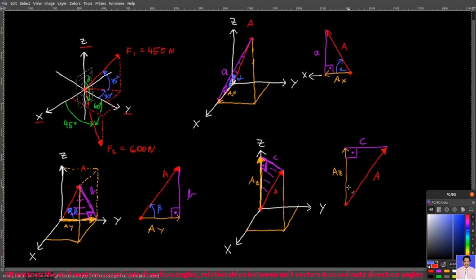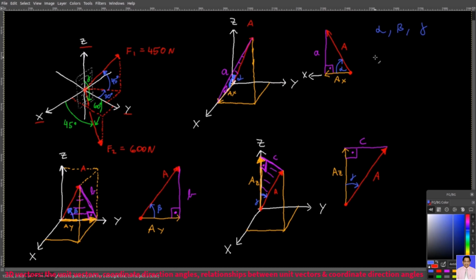And now, I'm going to define another angle. I'm going to call it gamma. And so this gamma, it's right here. That's your gamma. It goes from the positive z-axis till your A vector along this right triangle. And so we have defined 3 angles. Alpha, which is this one, beta, which is this one, and then gamma, which is this one.